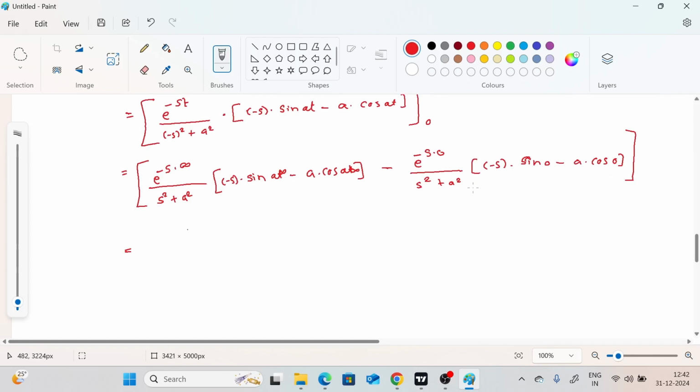Now we are going to use the same logic which we had used in previous equations.